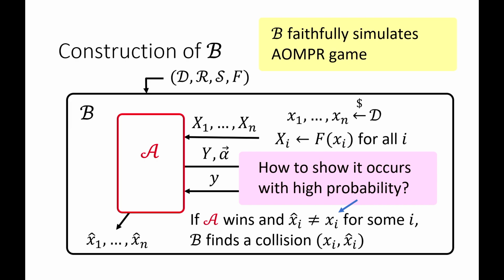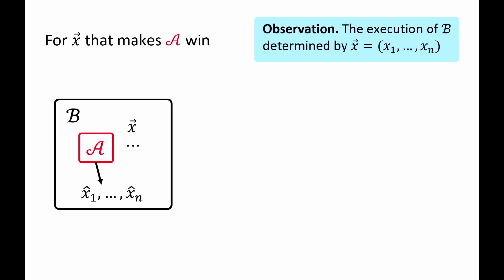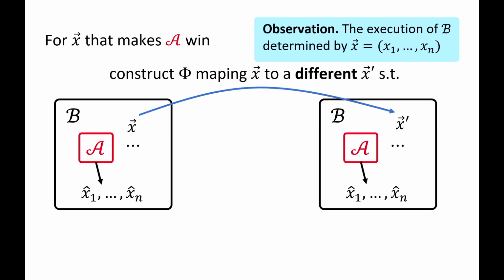Then we just need to show that this deviation occurs with high probability. The key observation here is that the execution of A is completely determined by the little x sampled initially. For the x that makes A win, to show that this x is different from the output, the idea is to construct a mapping phi that maps x to a different x prime, such that the view of A given x is identical to the view of A given x prime.